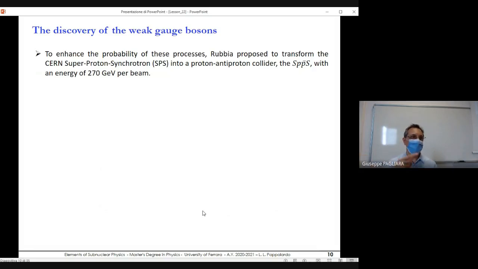We have a proton beam, and then there were fixed target experiments all around. So the idea of Rubbia was to transform this super proton synchrotron into a proton-antiproton collider. In such a way, you enhance the probability of a quark-antiquark collision in the center of mass, and so you enhance the probability to create and observe the W's and the Z. Is that clear?